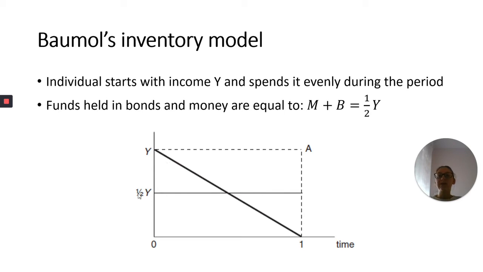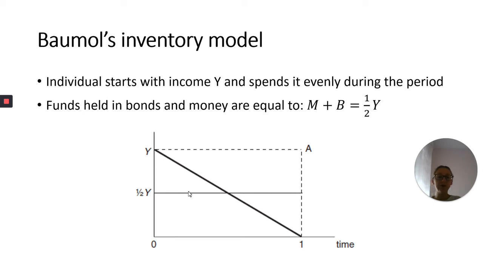So we can say that the average income we have during a month is 1/2 of Y, or 1/2 of total income.